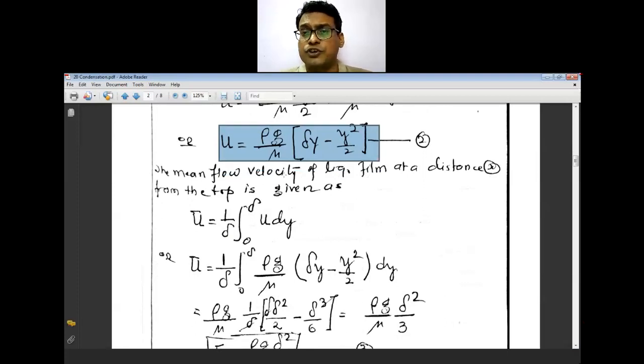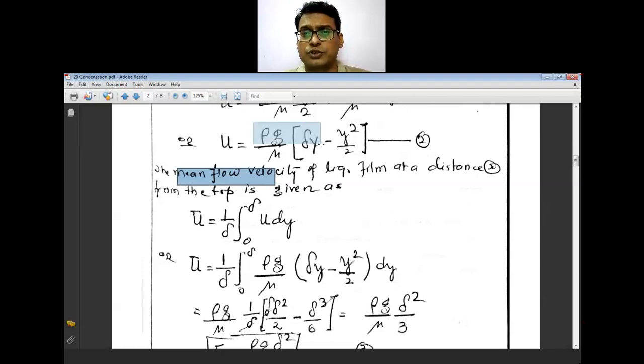Mean flow velocity of a liquid film at a distance x, where x is the vertical distance from the top. So that is from 0 to delta, u bar, the mean flow velocity. U bar is 1 upon delta, integral from 0 to delta of u into dy.